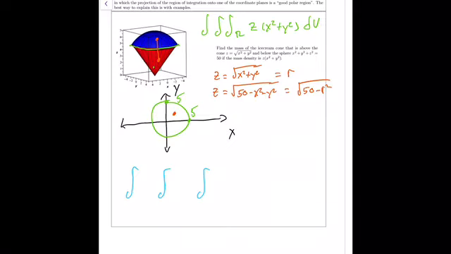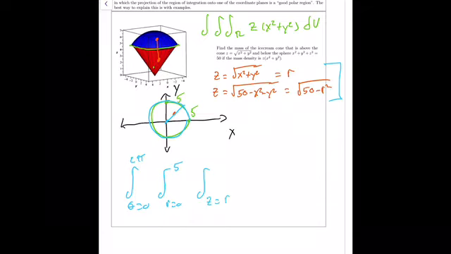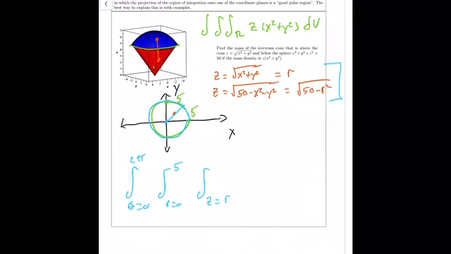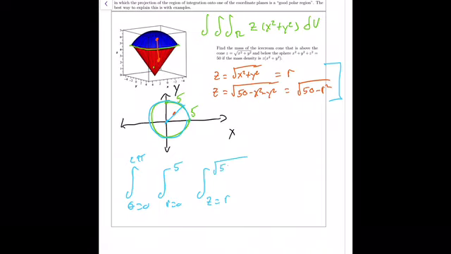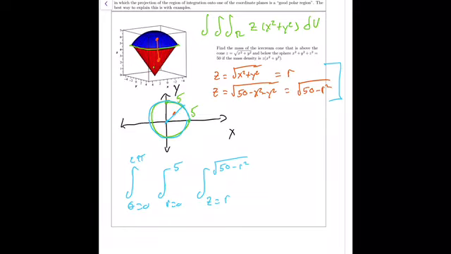For the outer two integrals, this is the part of the integral in the xy plane, and we're doing polar coordinates. Theta goes from 0 to 2 pi. For every fixed value of theta, r will go from 0 to 5. And as we discussed, for every fixed value of theta and r, z is going to go from r to the square root of 50 minus r squared.